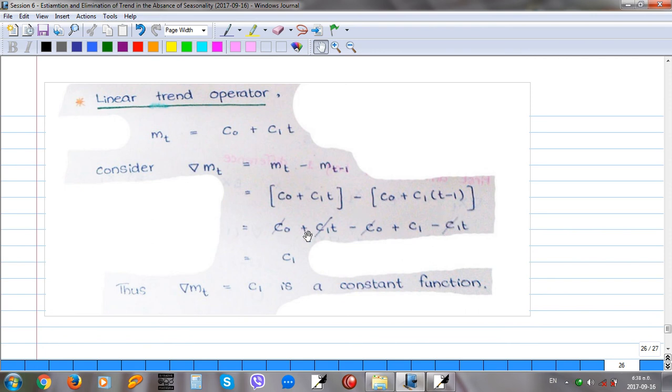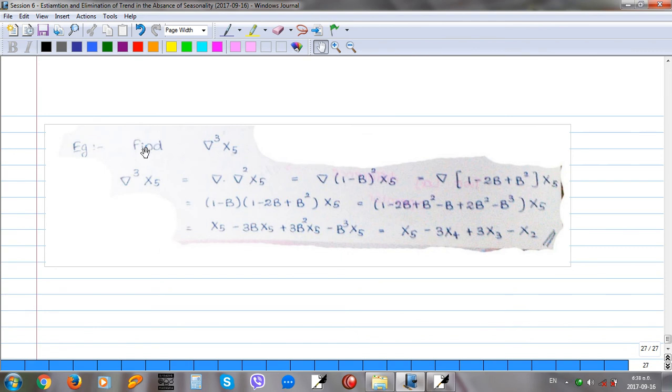So then you can find the c1 is here, thus the difference of mt is c1, that is a constant function, right? So then if you need to find the difference 3 times of x5, you can use this formula and you can find it, right?